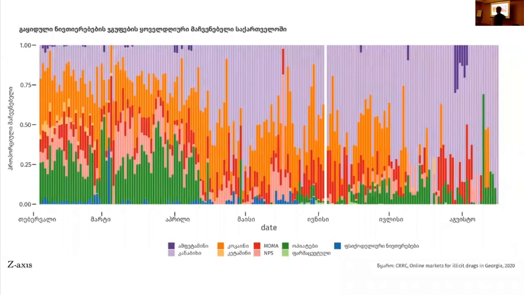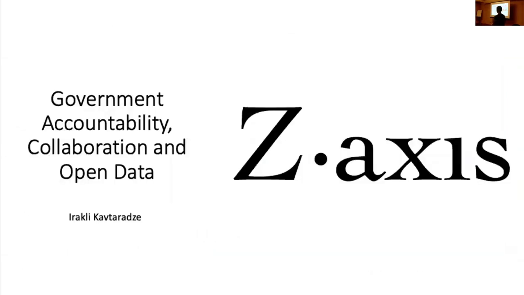You can see that restrictions probably cut the supply chain somewhere for some kinds of drugs rather than others. For example, after April, opiates almost disappear from the picture, which means probably there was some kind of restriction on that chain.